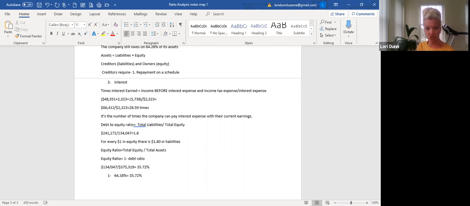Now we're in a weaker position here, but is the company doing anything to change that? Maybe this is an anomaly for this year. Maybe they had to take on a lot of debt this year to finance a huge project that will produce high income and be able to pay off this debt quickly. So we need to investigate that further.